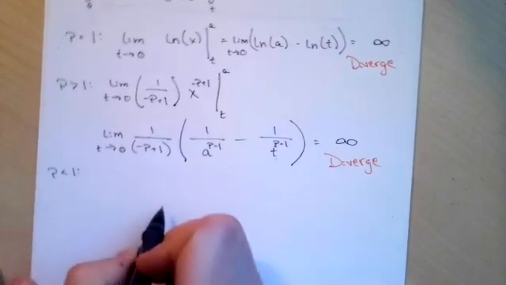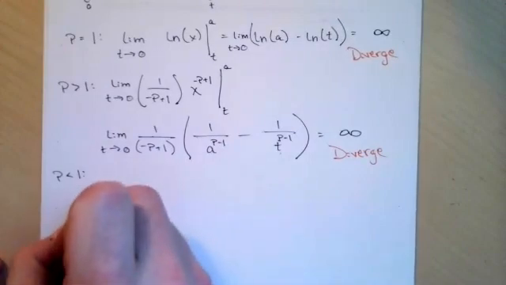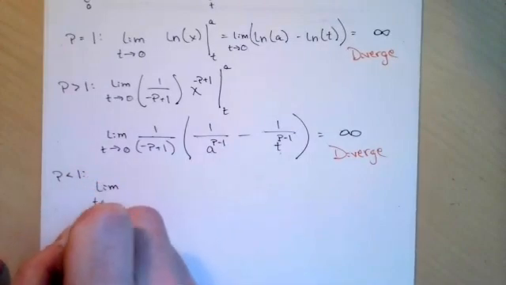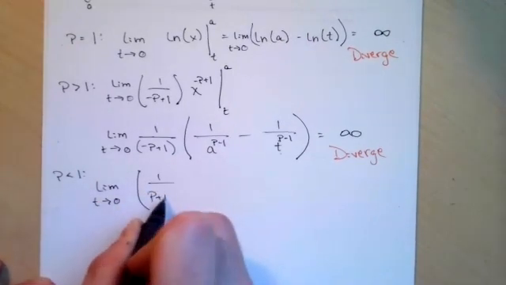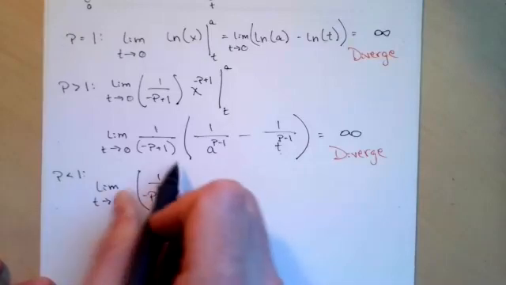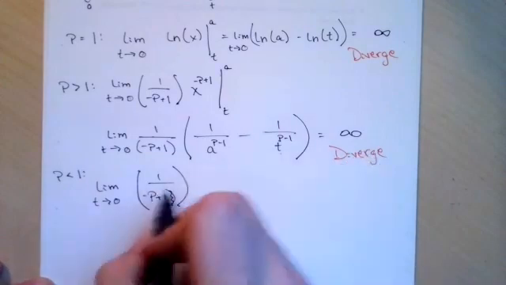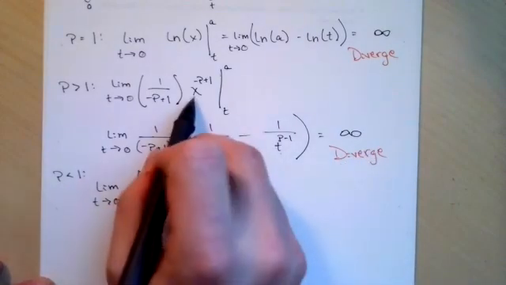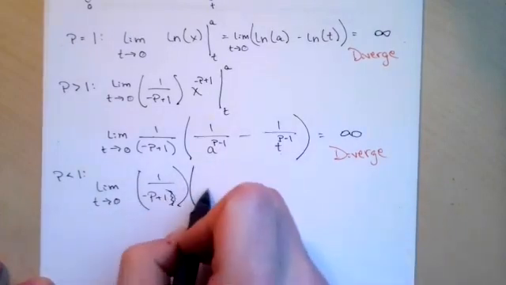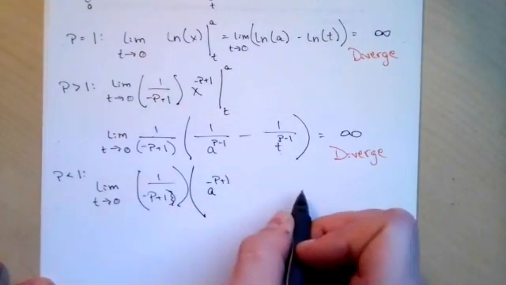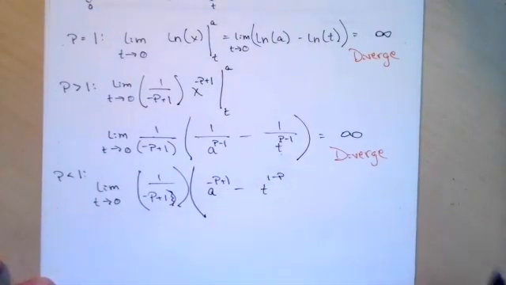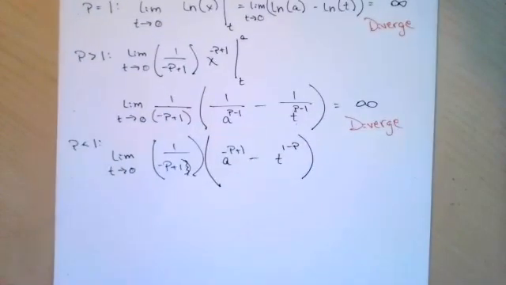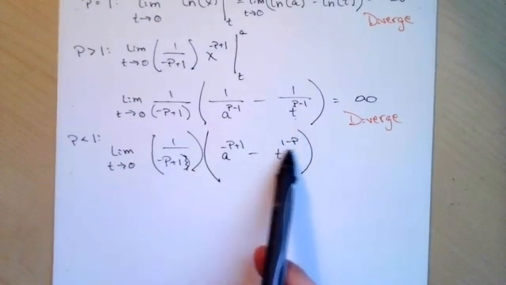For p less than 1, we will have the limit as t goes to 0 of 1 over minus p plus 1, x to the minus p plus 1. We will have, let's keep x's in the numerator from here, a to the 1 minus p, minus t to the 1 minus p. And now in this case, p is less than 1, which means what's going on with this exponent here?